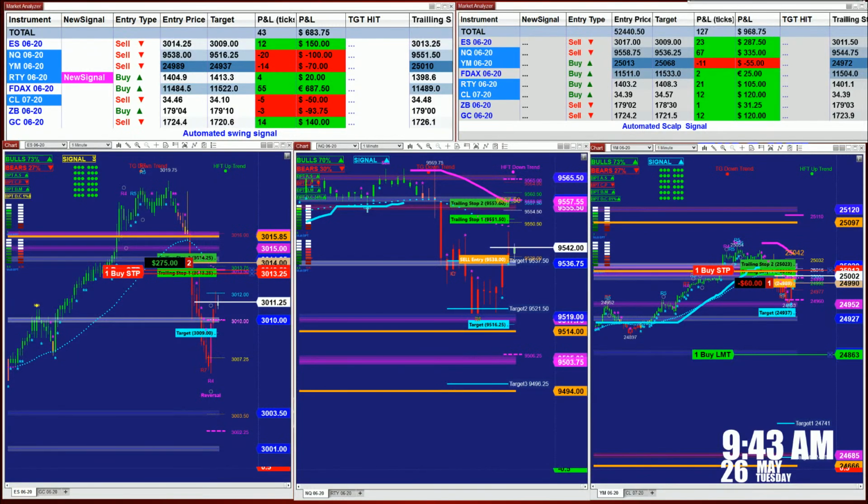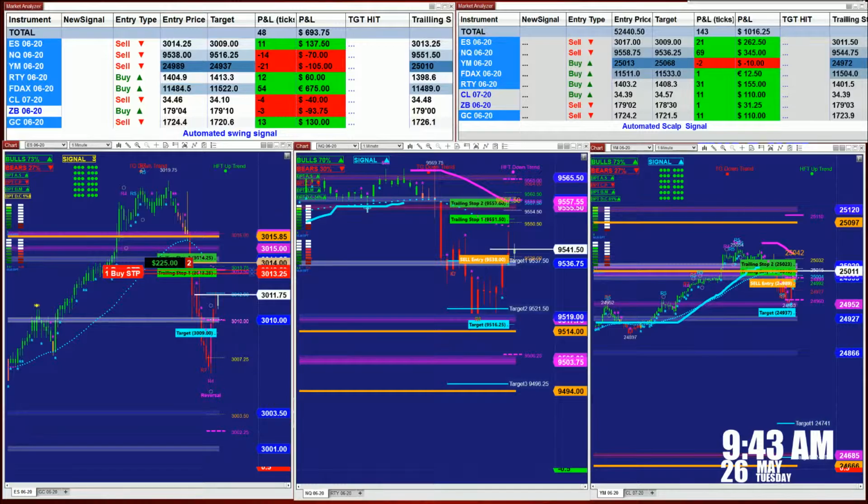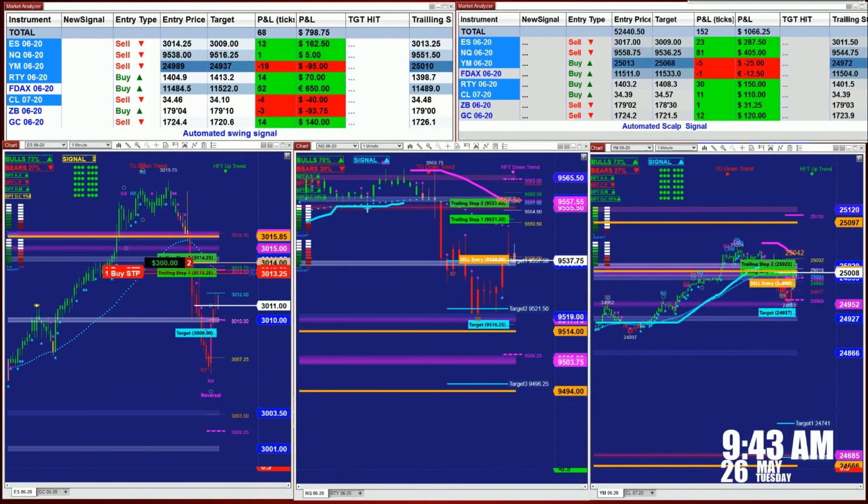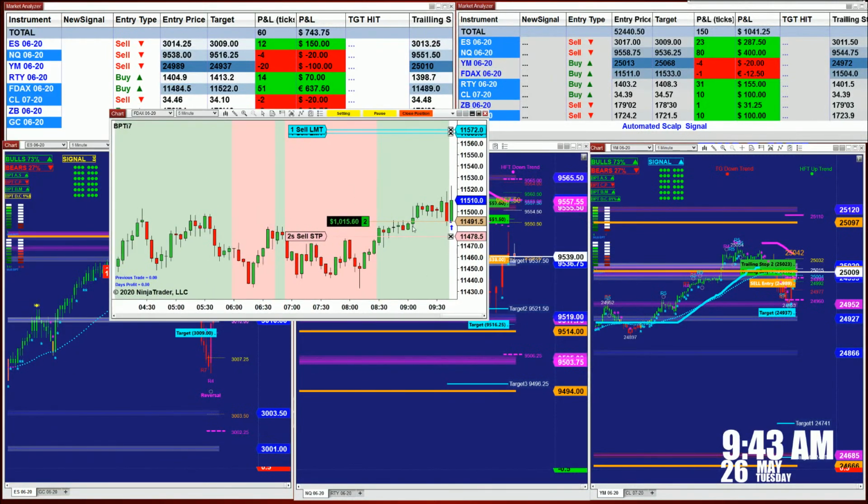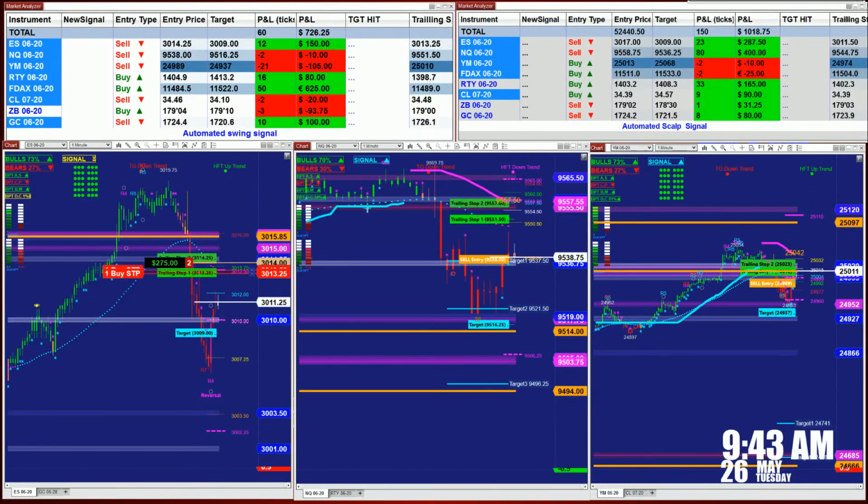For the other automated trades, we don't use too many charts on the DAX. We only have one trade today on the DAX, and it already hit the target. Then we have the CL based on symmetry.